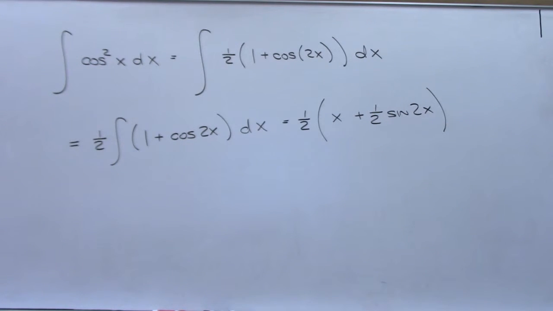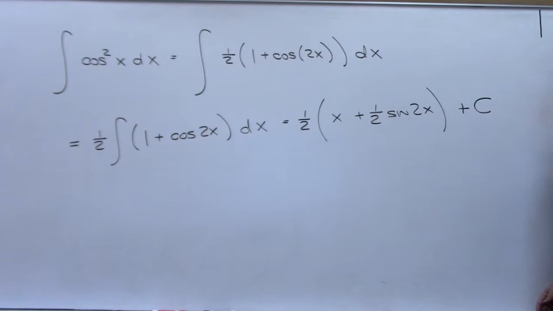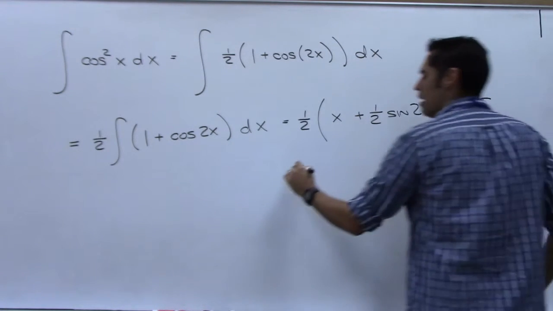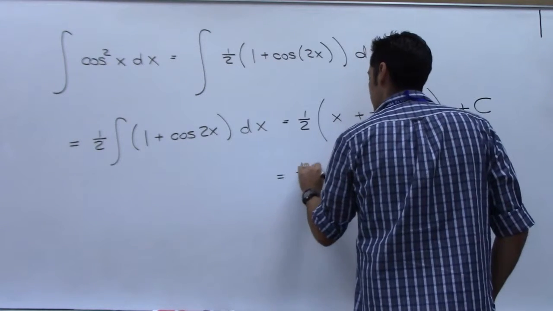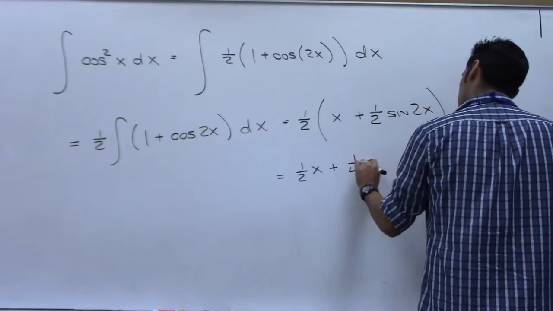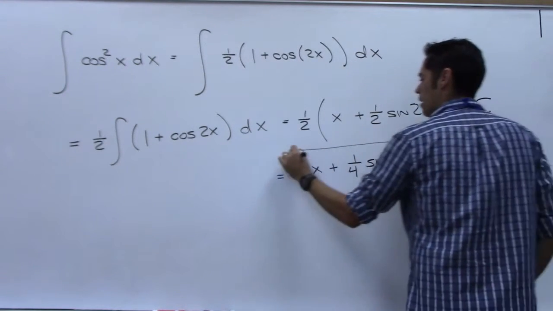Right? Then, plus c, that's all. Which would become, if we distribute, 1/2 x plus 1/4 sine 2x plus c. That'd be it.